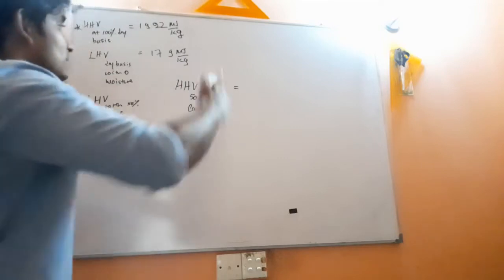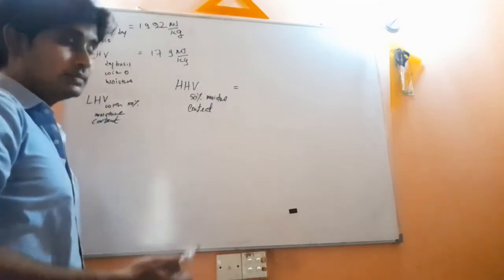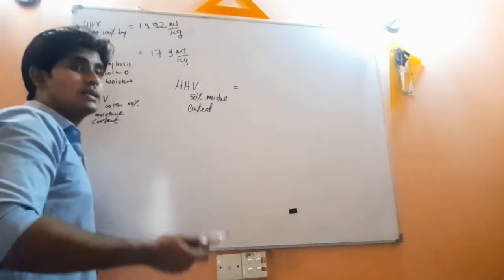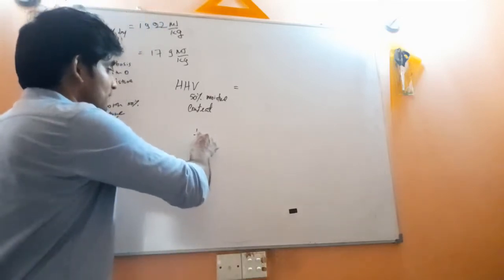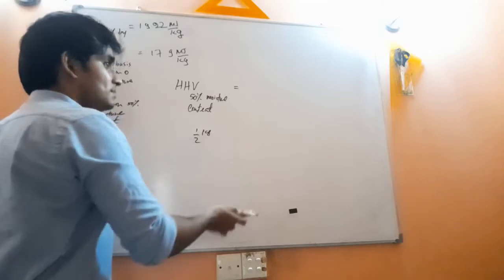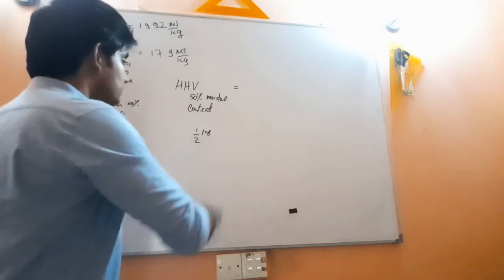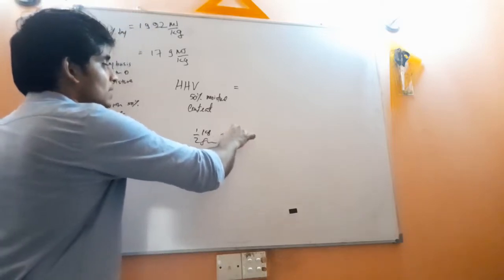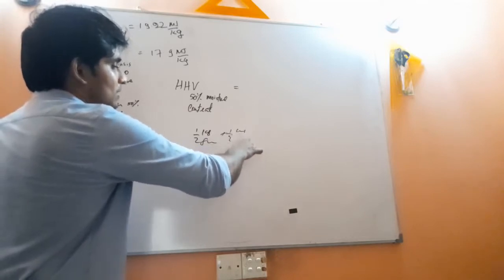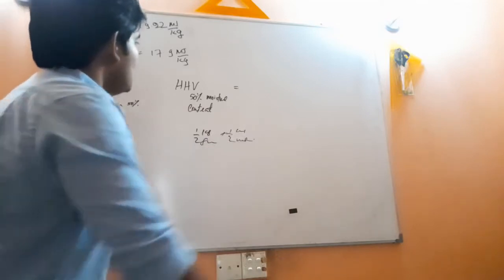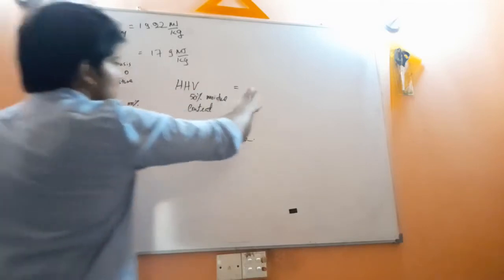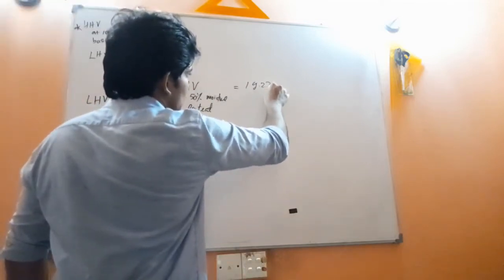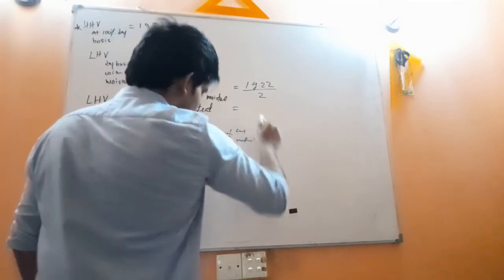With 50% moisture content, if you consider 1 kilogram of the fuel, it contains half a kilogram of that pure fuel and half a kilogram of water. So the higher heating value with 50% moisture content is 19.22 divided by 2.